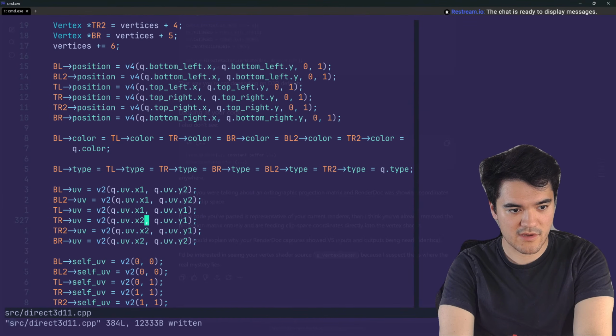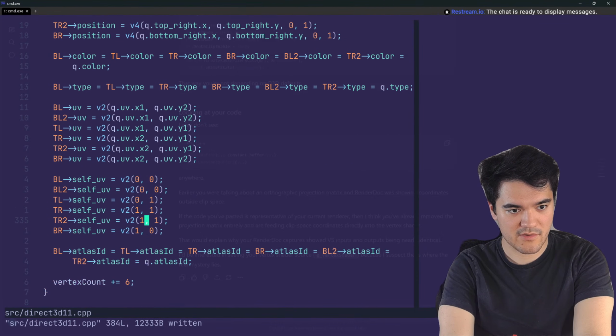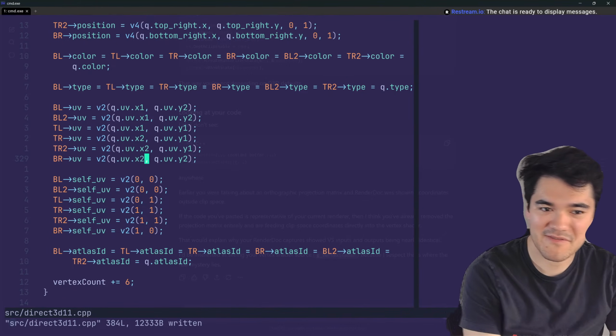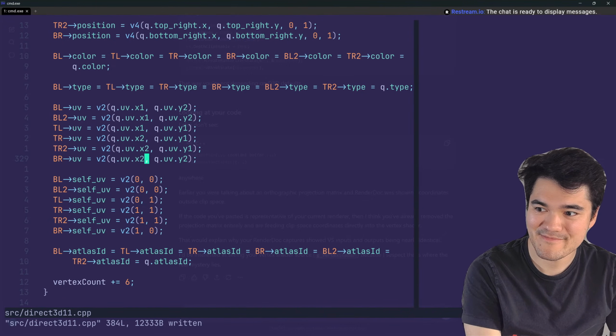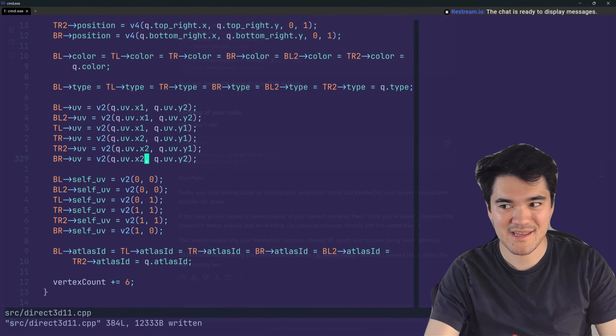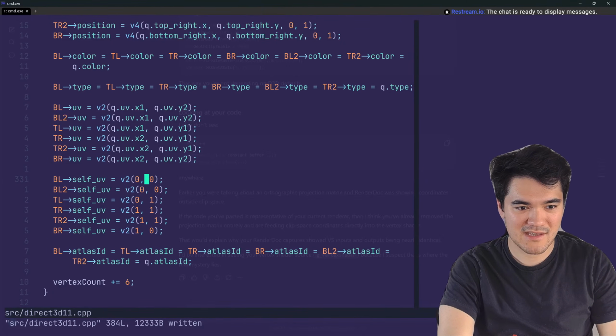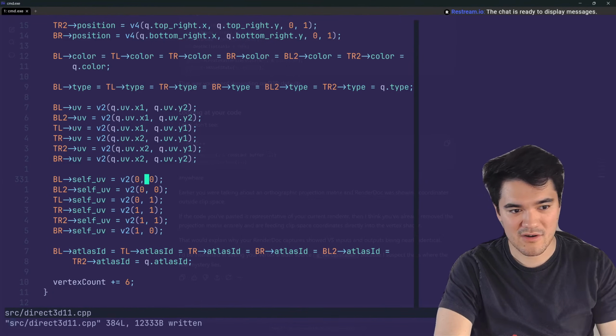I think I've configured them to be correct. Bottom right should be opposite of top left, so it should be 1. Yes. Now these are wrong.